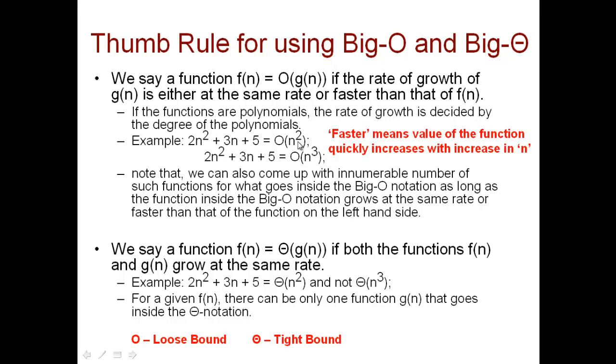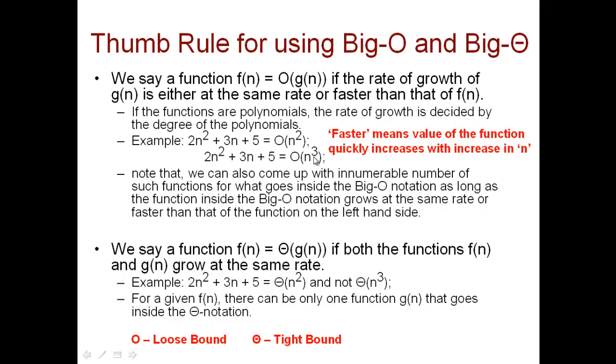Once we can say it's big O of n square, we can say anything: big O of n cube or n to the power 4, anything, because the rule is the degree of the function on the left hand side, which is 2, should be less than or equal to the function inside the big O notation.